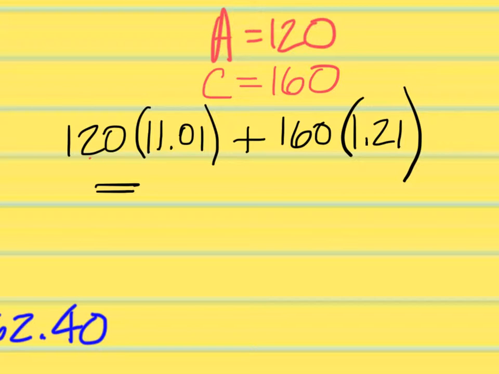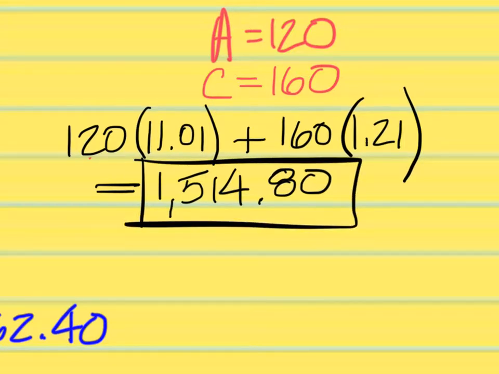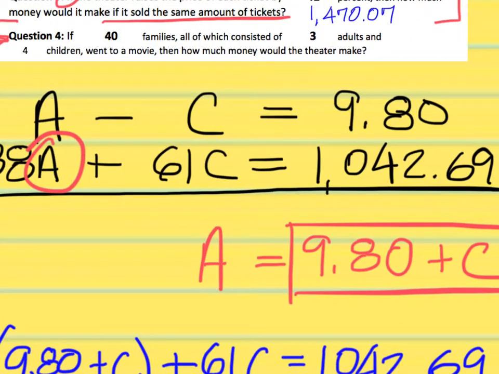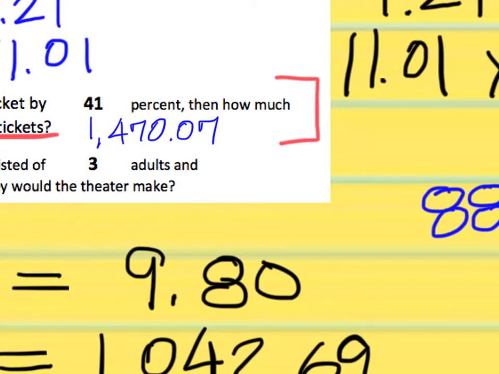So 120 times 11.01, and then plus 160 times 1.21. That comes out to be $1,514.80. We'll put that as the answer for question number 4.